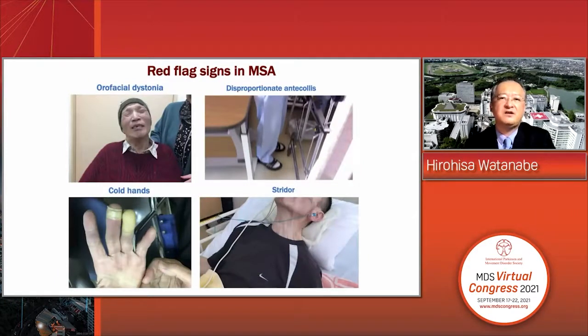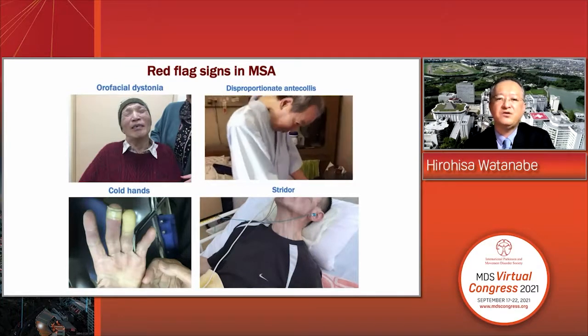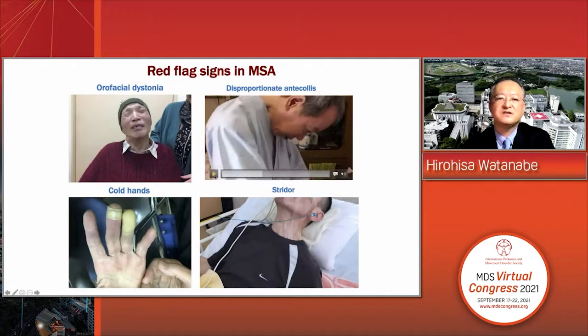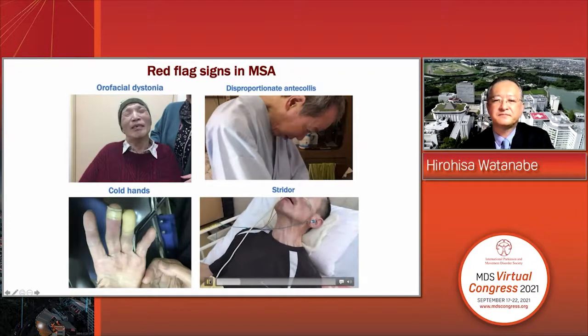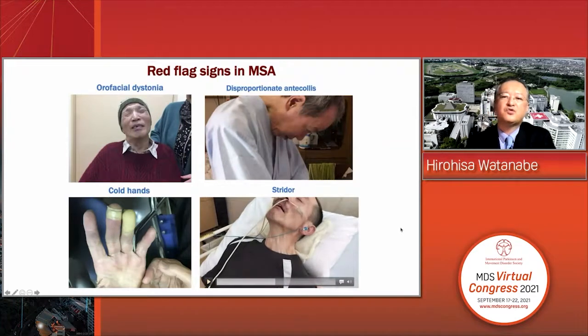The understanding of red flag signs will also be very important for the diagnosis of MSA, such as orofacial dystonia and disproportionate antecollis during the early course of the illness, and cold hand sign, particularly stridor. Stridor may also be closely associated with sudden death.